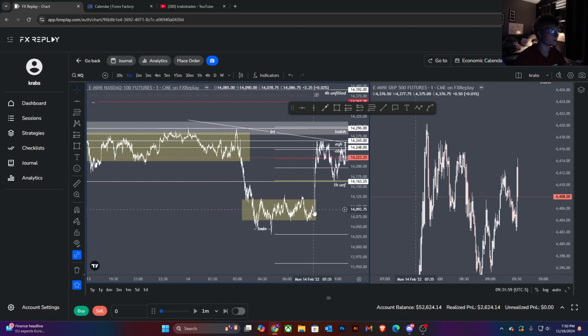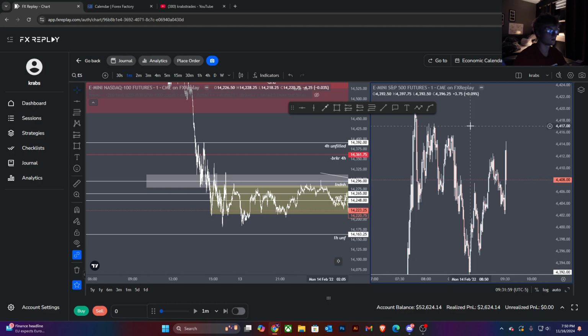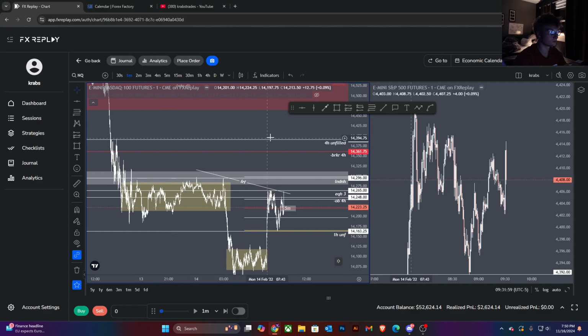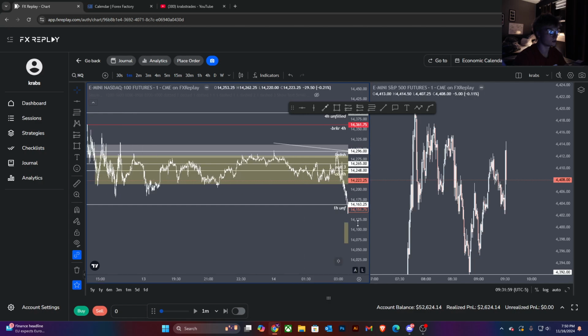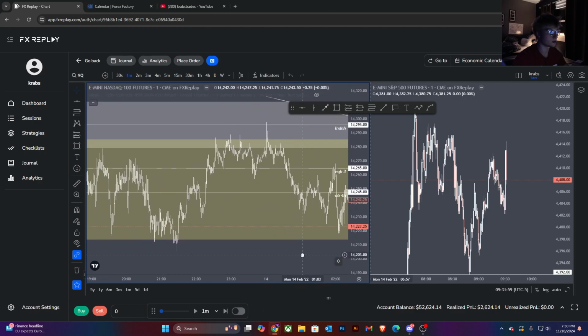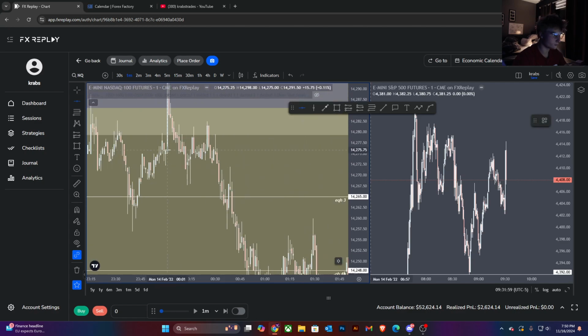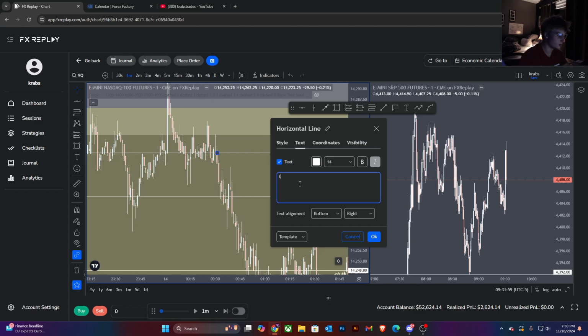Let me mark up true day open. I'm gonna see where the midnight open was. Gonna help us determine where we're at in the range. Around right here.